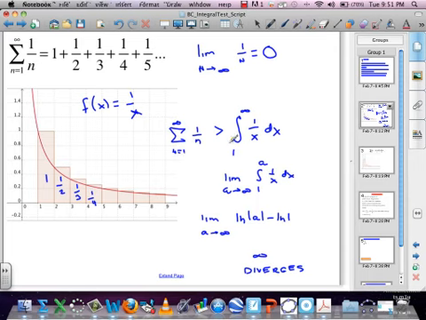Before I go on to our next example, though, I do want to point out something, and that's this series right here is very special. Comes up a lot in this unit. We haven't talked about it yet, but this series here, 1 plus 1/2 plus 1/3 plus 1/4 plus 1/5, has a name.